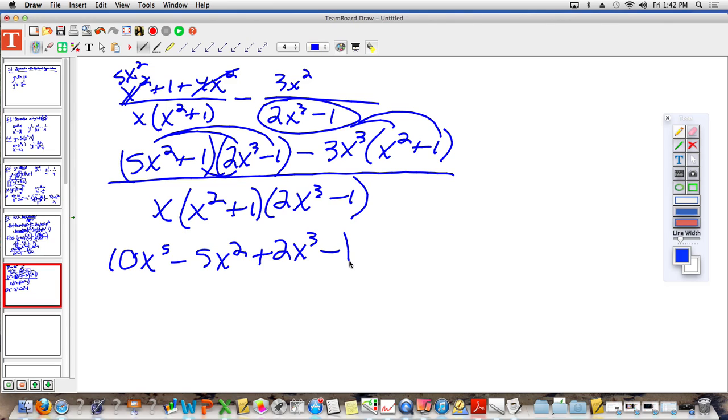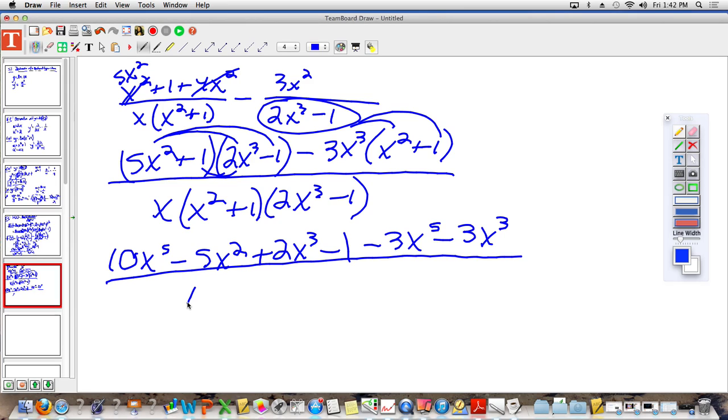Now I'm going to distribute that 3x cubed in, and that's going to get me minus 3x to the 5th power minus 3x cubed. And then all of this divided by x times x squared plus 1 times 2x cubed minus 1.